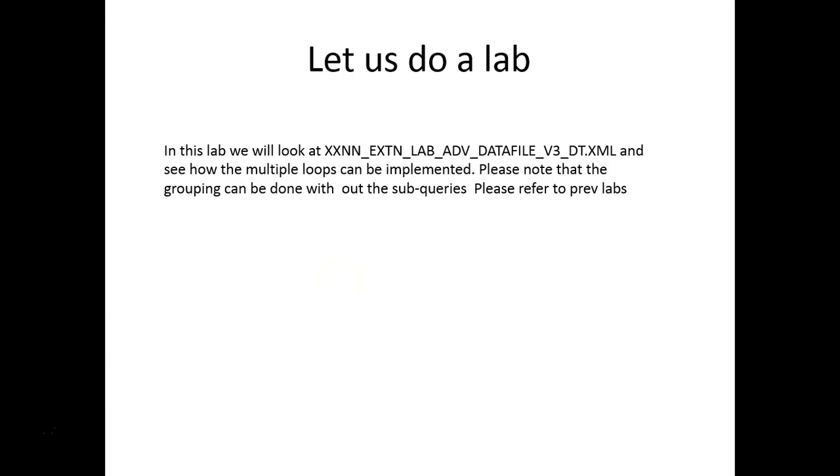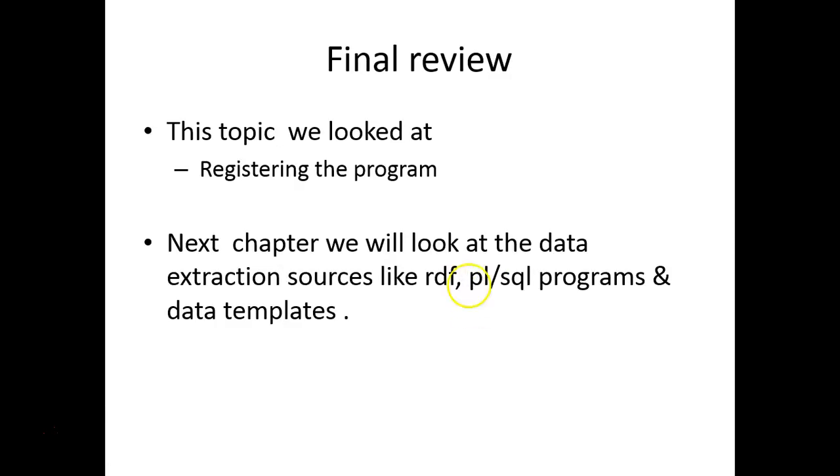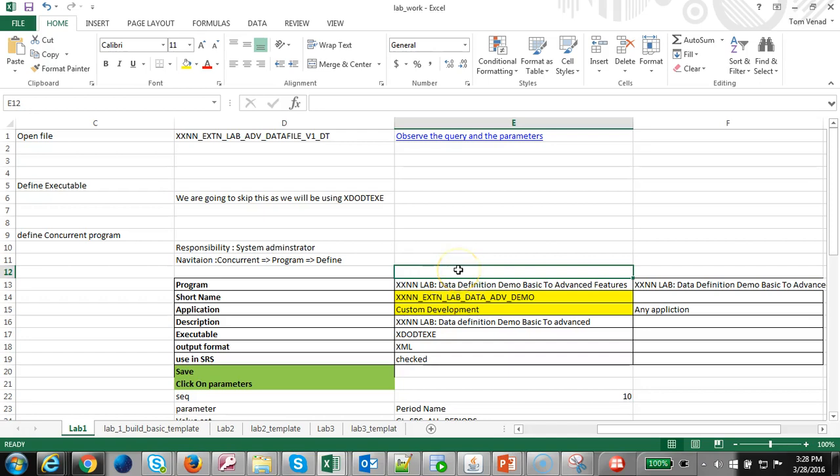In the zip file, you would see another XML file for data template called version 3. Please upload it. Run, upload, run, and review data. You would see the data. Let's review the output. We can see that the total invoice amount and total sales order amount are displayed and calculated. So let's look at the lab Excel sheet.